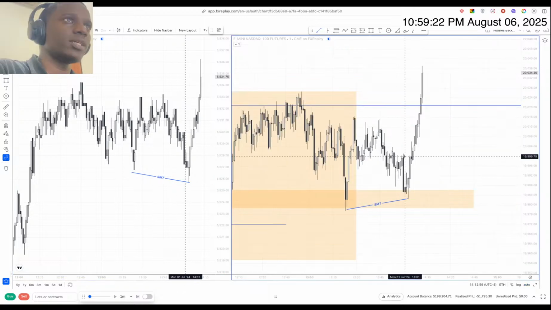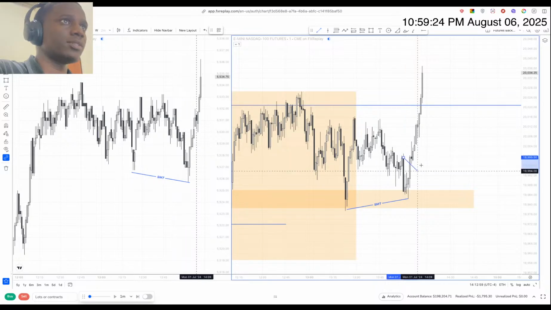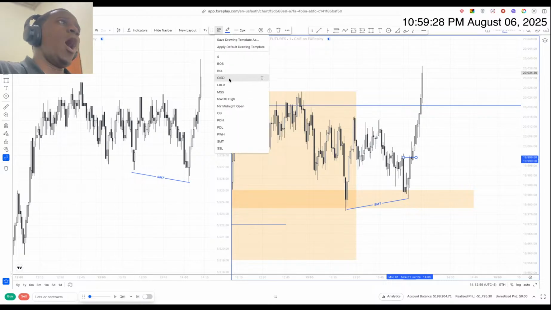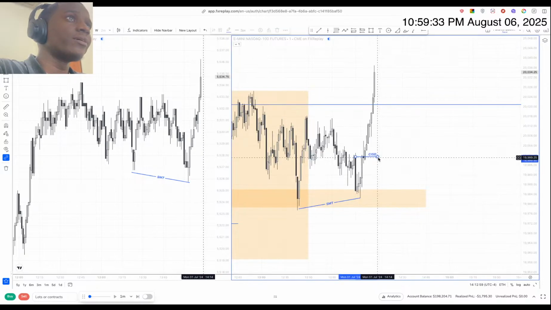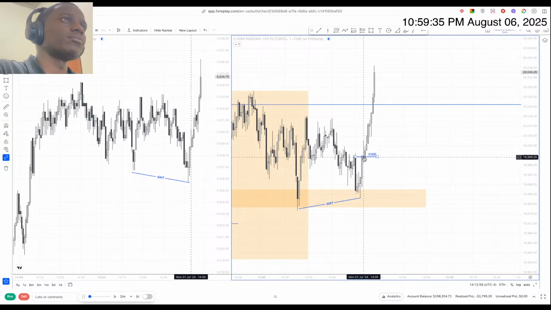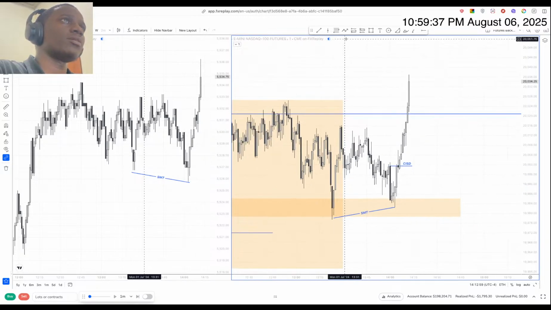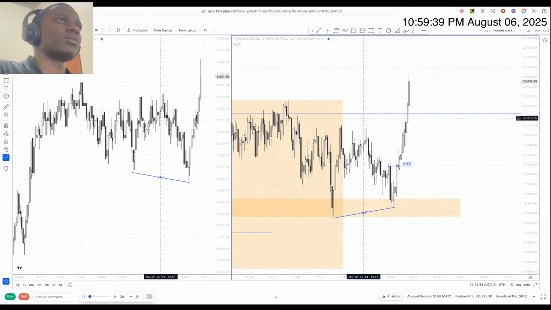Because if you create a nice change in state right here, the entry is here, stop right there, and we'll target the highs.